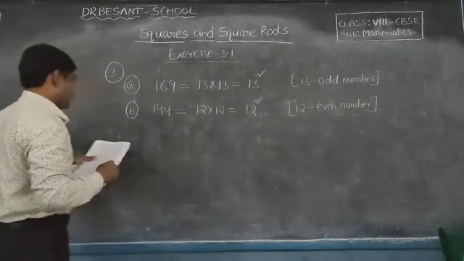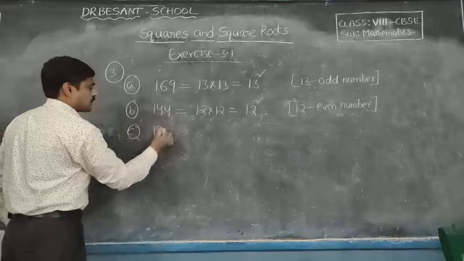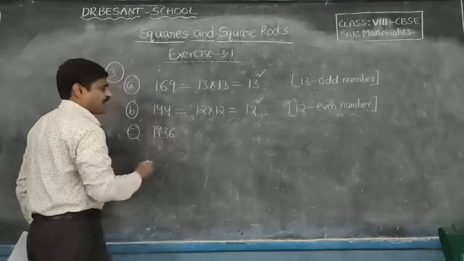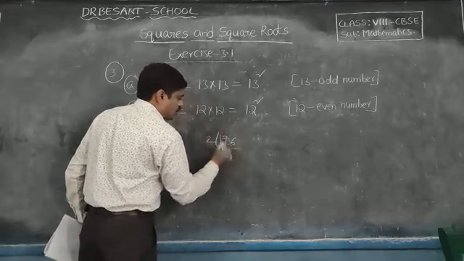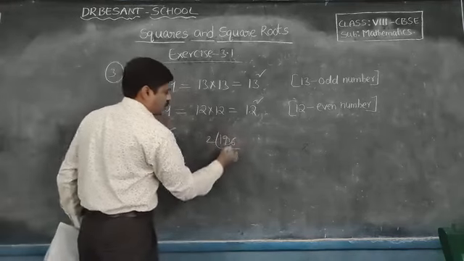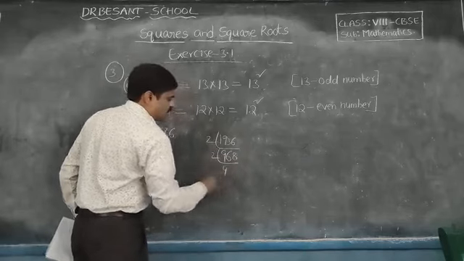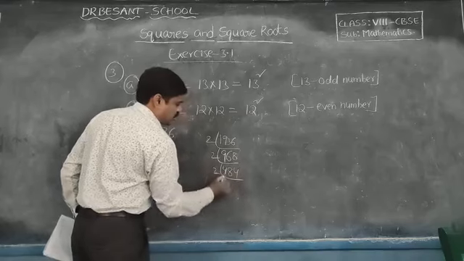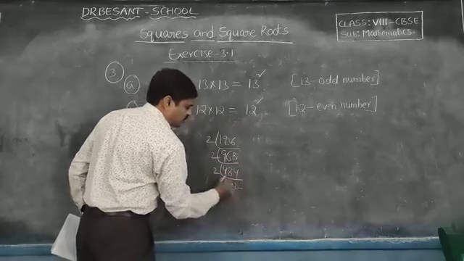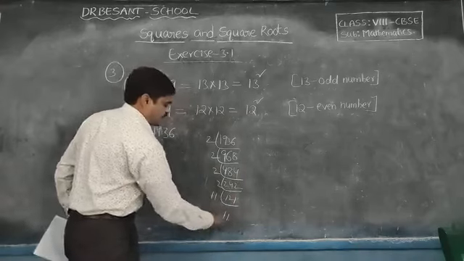Next, 1936. So prime factorization of 1936.